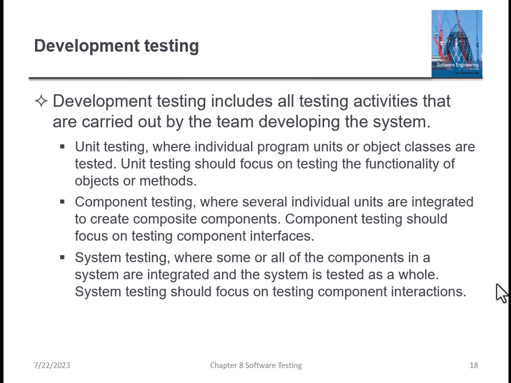And system testing, where some or all of the components in the system are integrated and the system is tested as a whole. This means units comprise components and components comprise the system. System testing should focus on testing component interaction behavior.